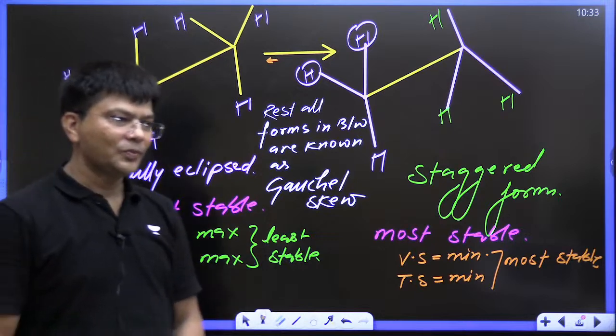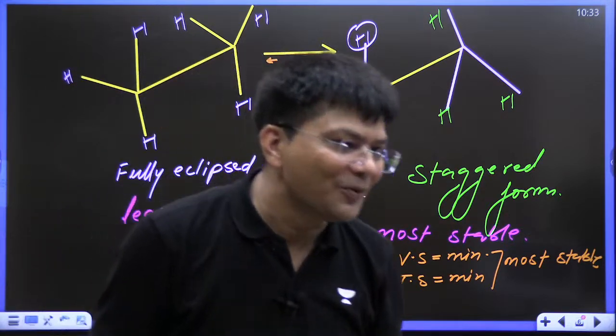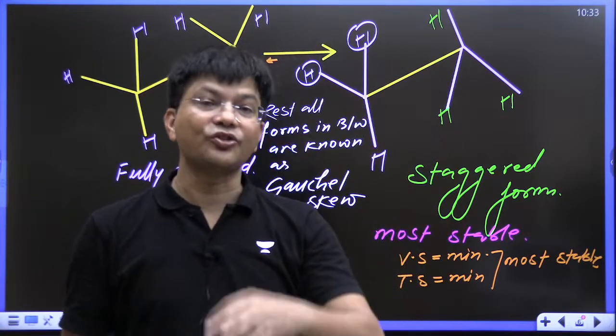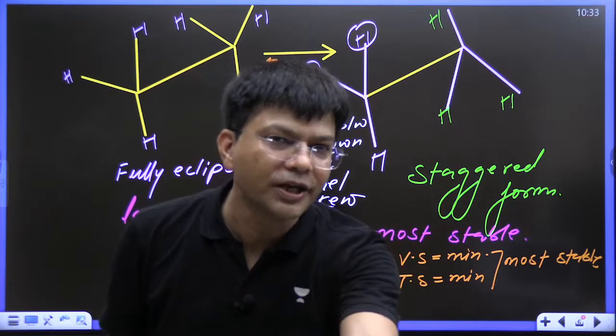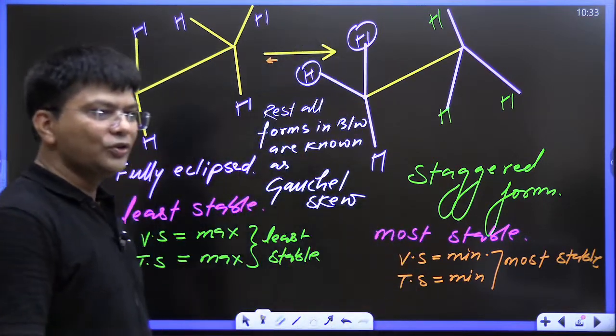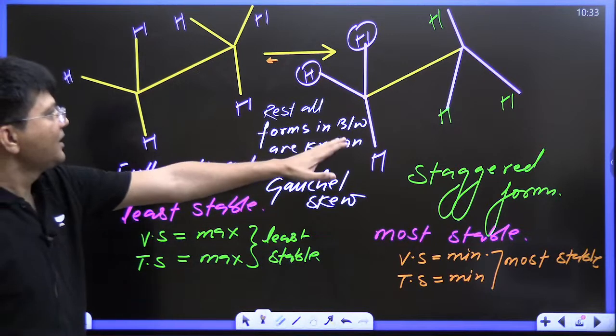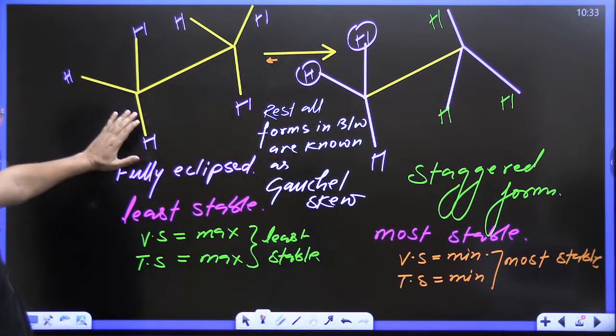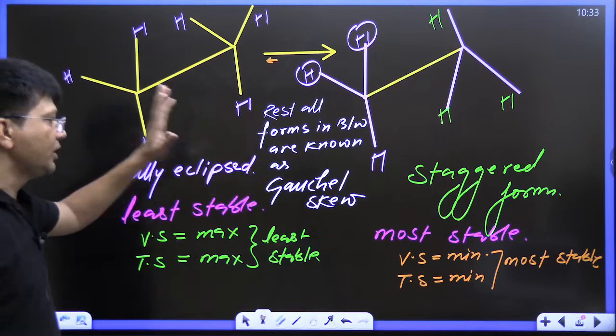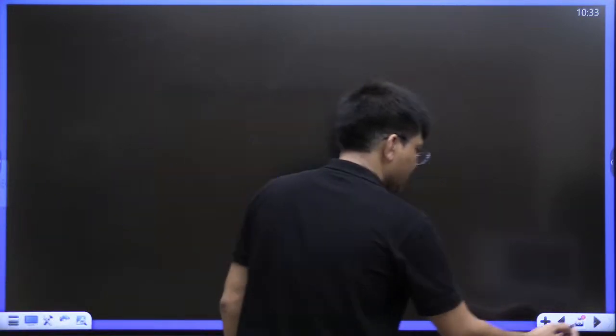Rest of all other forms are known as gauche or skew. So who is most stable? Staggered is most stable, eclipsed is least stable, and gauche is lying in between these.